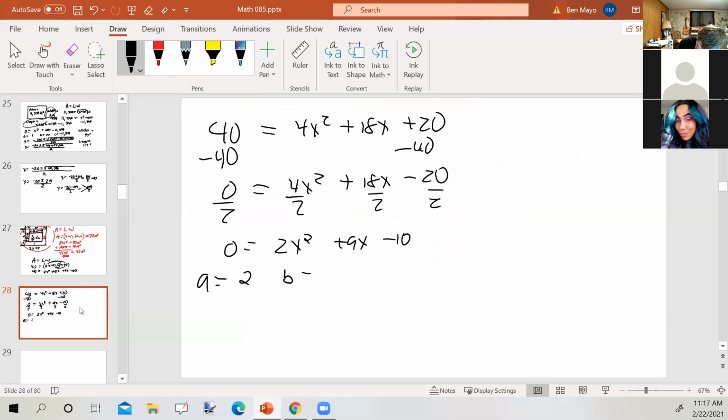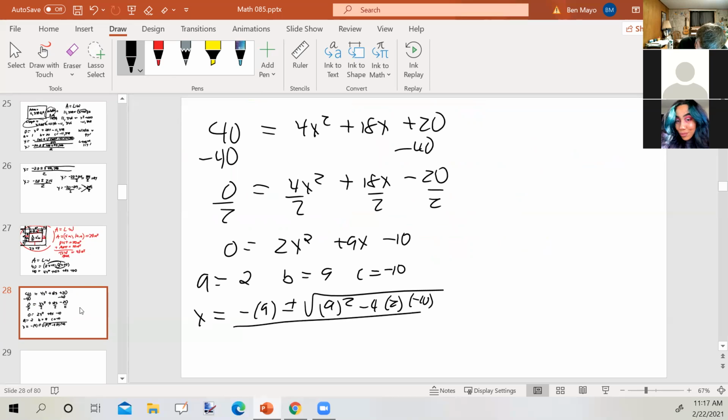A equals 2, B equals 9, C equals negative 10, X equals negative B, plus or minus the square root of B squared, minus 4AC all over 2A. X equals negative 9, plus or minus the square root of 81 plus 80 all over 4.